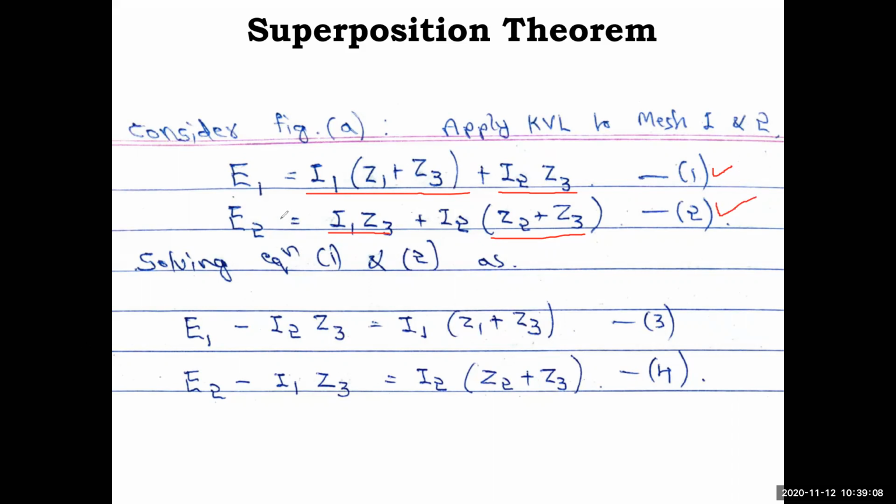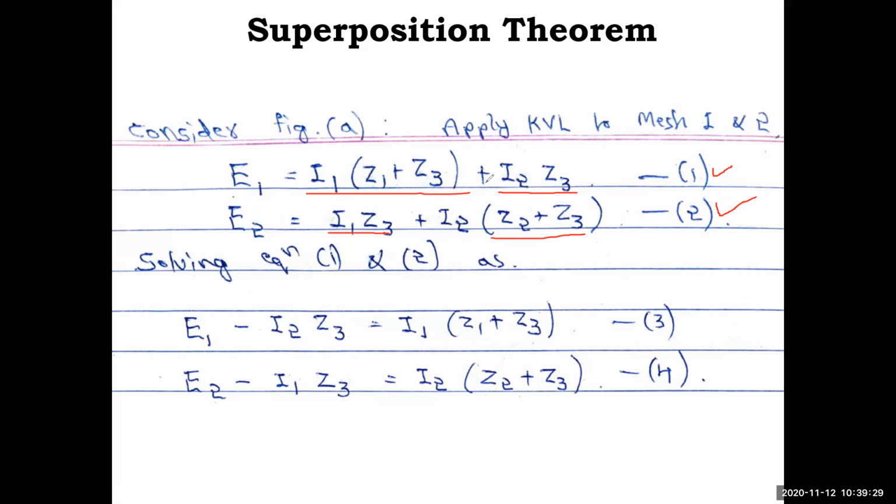Now we try to solve these equations. You have two equations, so mathematically we can solve for the two unknowns, I1 and I2. That means we try to bring a formula for I1 and I2. In both equations 1 and 2, I will rearrange.